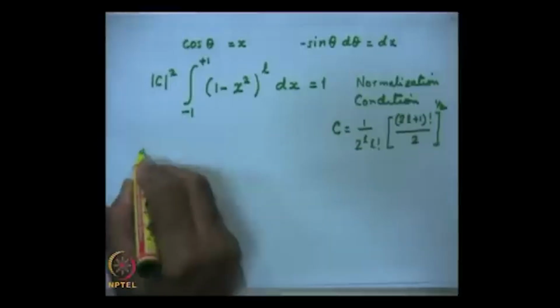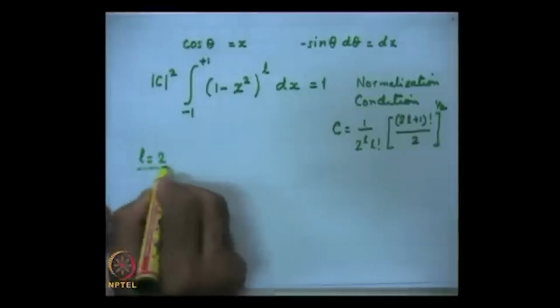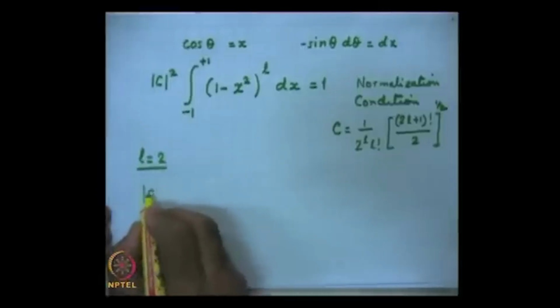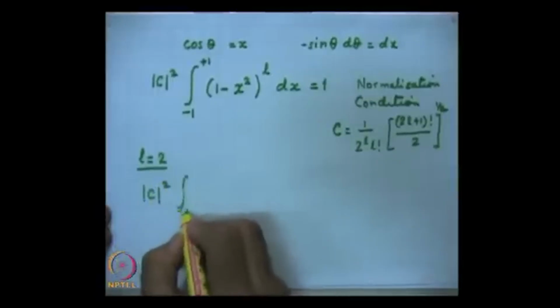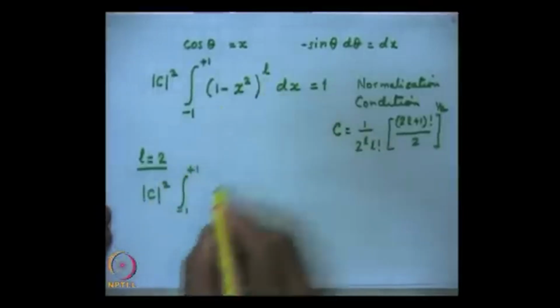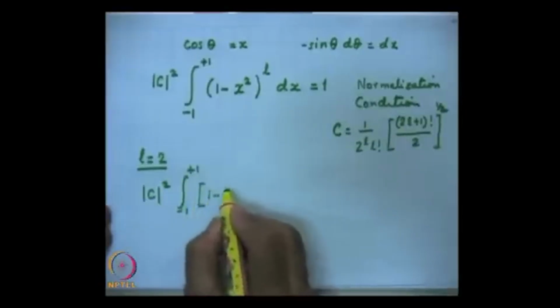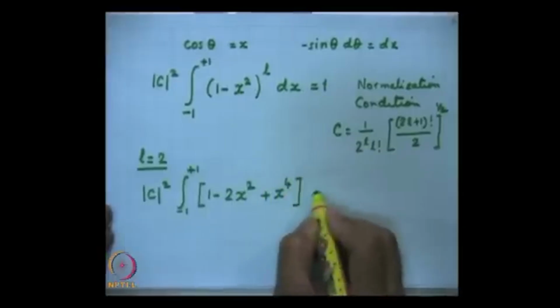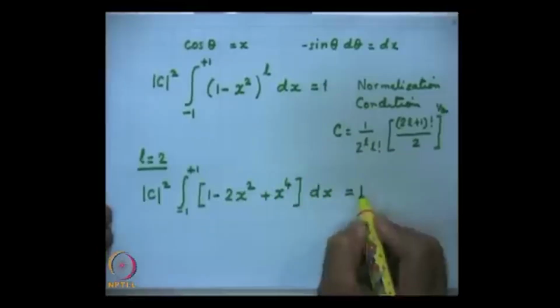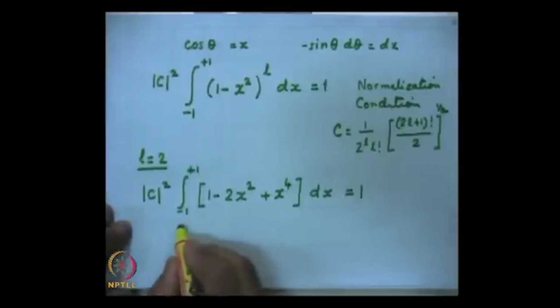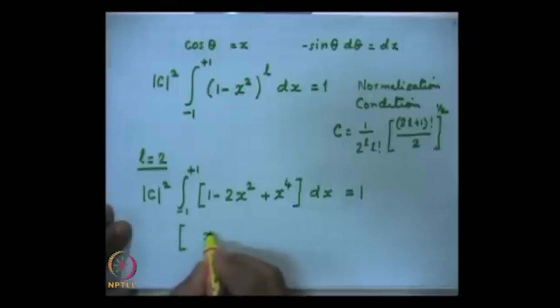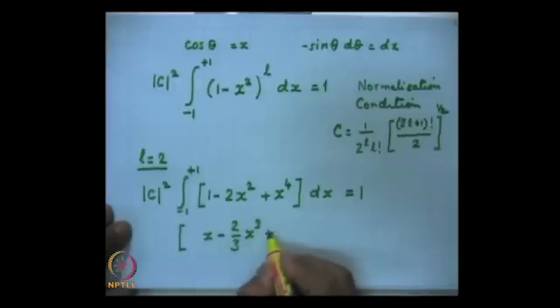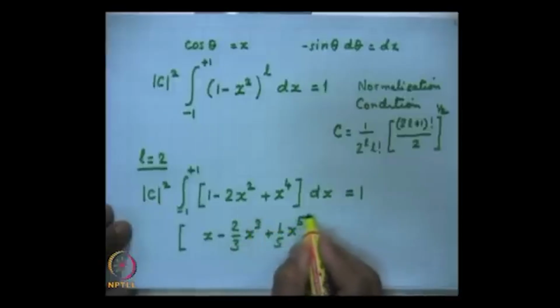Let me consider the case when L is equal to 2. When L is equal to 2, you get C squared times the integral from minus 1 to plus 1 of (1 minus x squared) whole squared. So, this is 1 minus 2x squared plus x to the power of 4 times dx, equal to 1. Now, this I can integrate immediately. The first term will be x, so that will be x minus 2/3 x cubed plus 1/5 x to the power of 5, and this is really very simple.